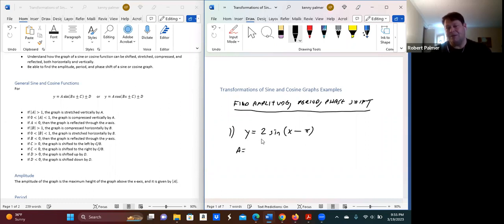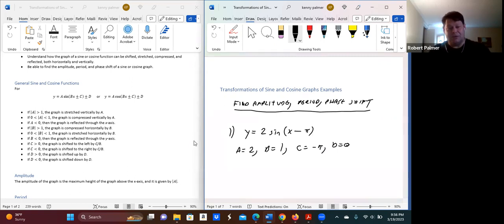So A is the number 2, the number from the sine or cosine. B is the number from the x, which in this case is just 1. C is actually negative pi, and then D is actually 0. There's no D on that side, so there's no vertical shift, it's just 0.